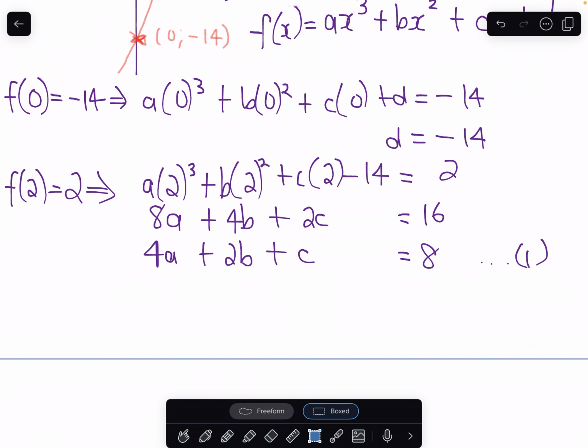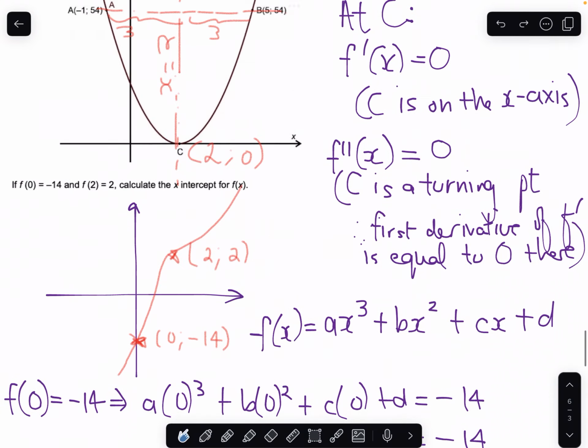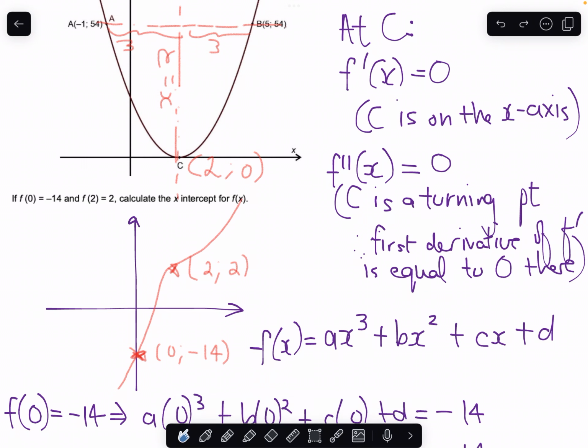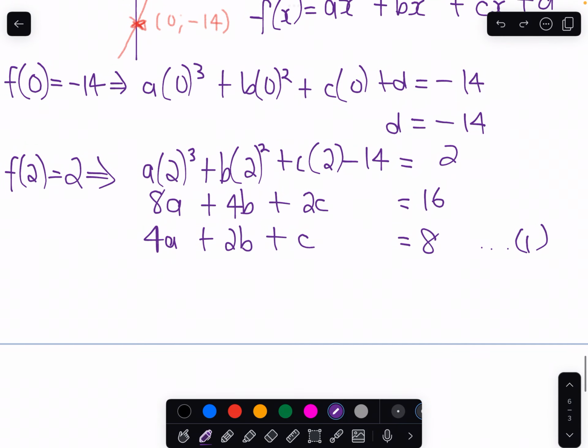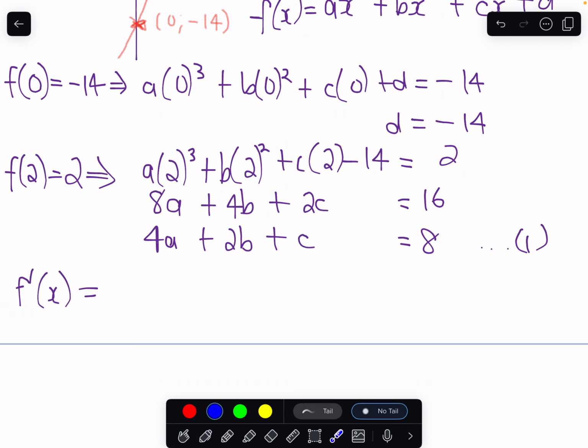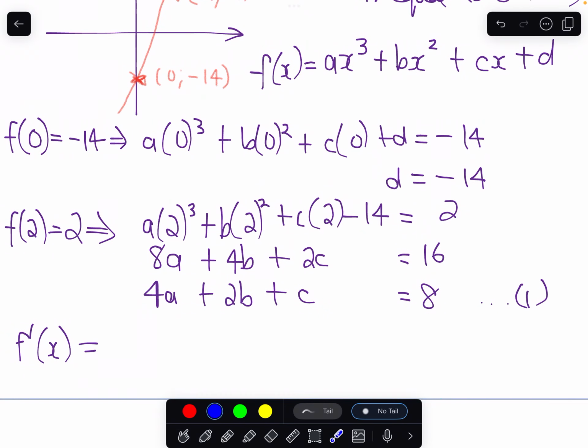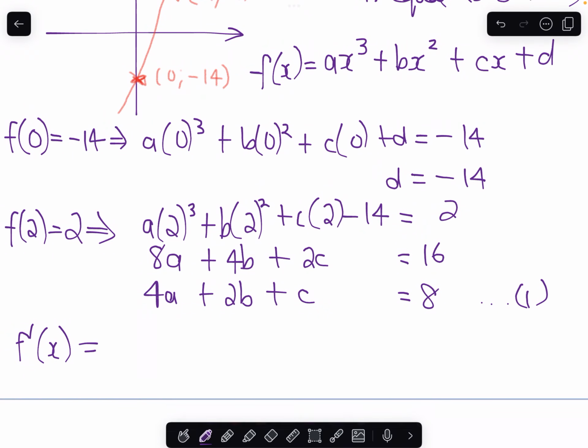Okay, then we said we're going to use the fact that when x is equal to 2, f prime of x is equal to 0. So first derivative, so we're looking at this equation over here, that expression.